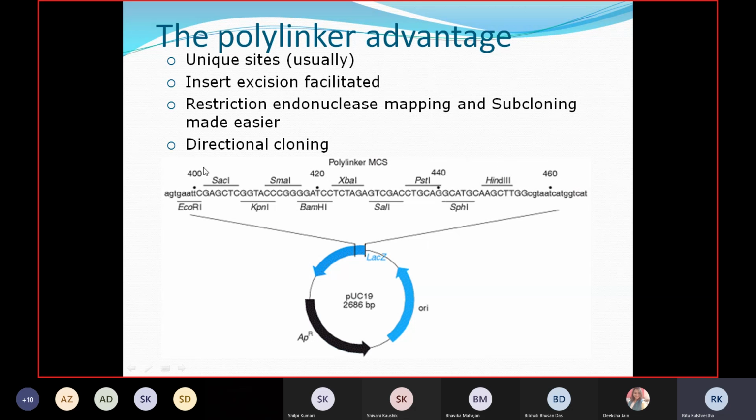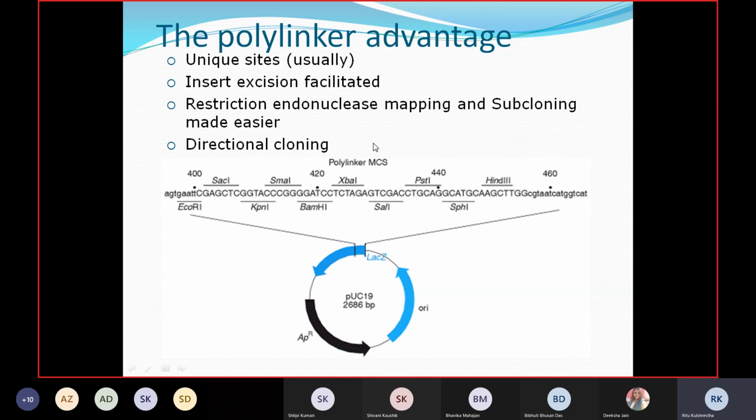So what I can do is cleave my DNA fragment out by SacI and HindIII and clone it in another vector. So the excision can also be by the same enzymes. I've cloned in BamHI and PstI, I can also excise it using BamHI and PstI and subclone it in another vector of choice. And another option is you can use different enzyme sites also. That option is also there.